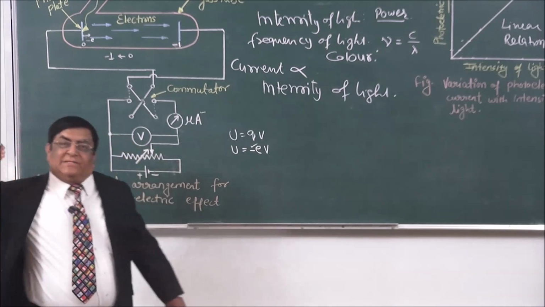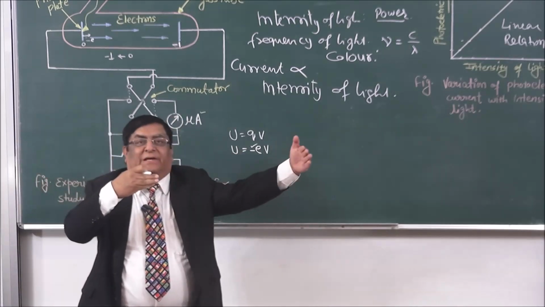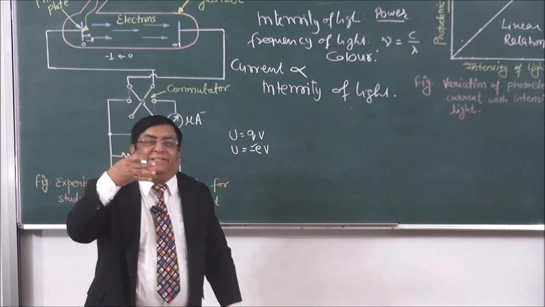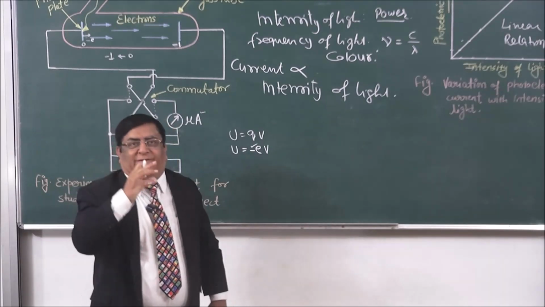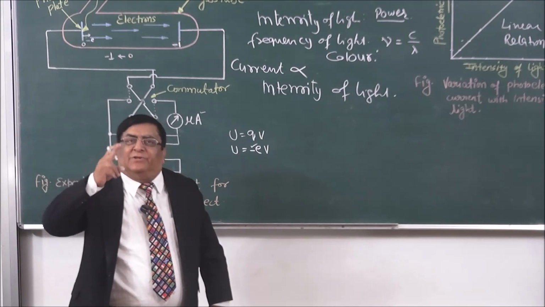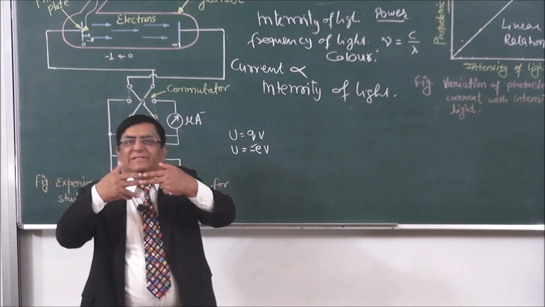Now if an electron has energy to go plus 10 and we are supplying here minus 2, this energy remains 8. 10 minus 2 is 8. Now if some electron has energy only 2, then this minus 2 makes it 0.